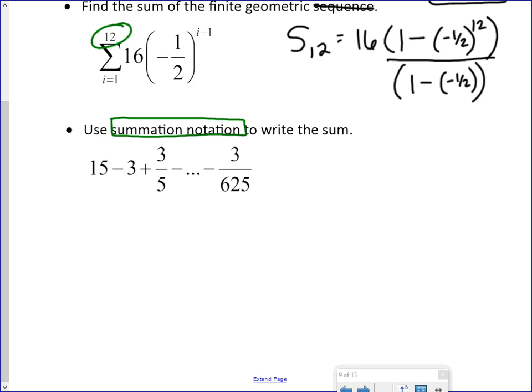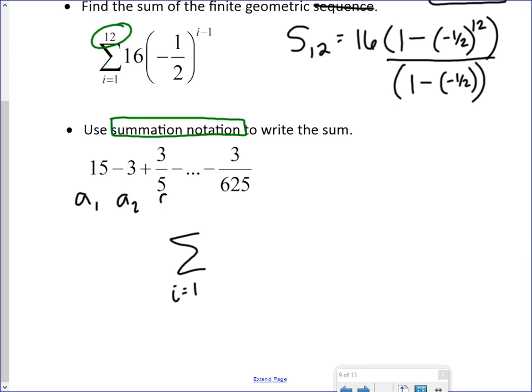So if I were given this series right here, finite, because it doesn't have plus dot dot dot, I want to do summation notation. I'll always assume that the beginning of that series is my first term. And this is my second term, -3.